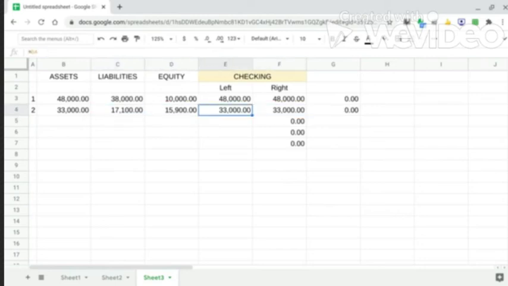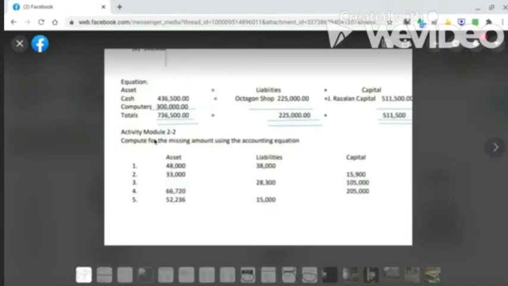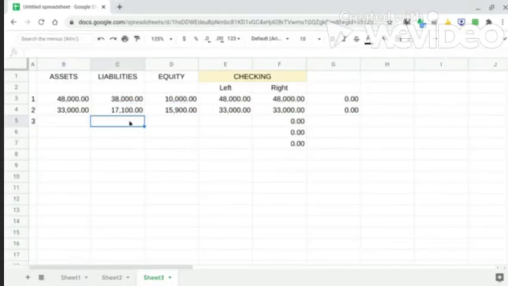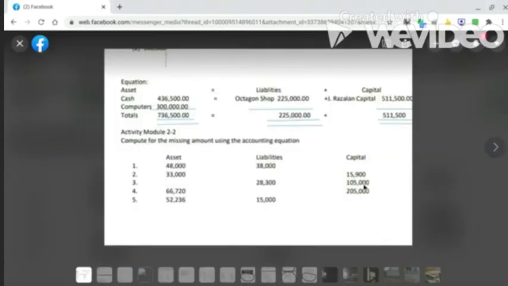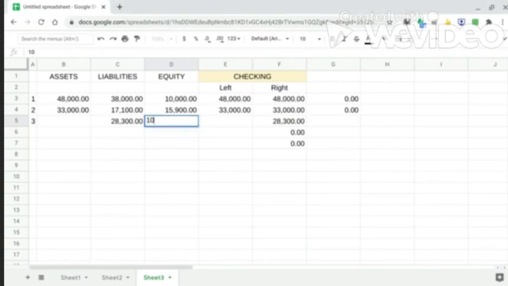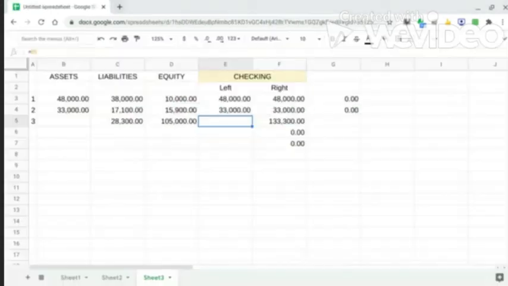Okay? So for number 3, we have liabilities of 28,300 pesos and a capital of 105,000 pesos. So again, diba, going back to the fundamental accounting equation, when you add liabilities and equity, you will get the assets.